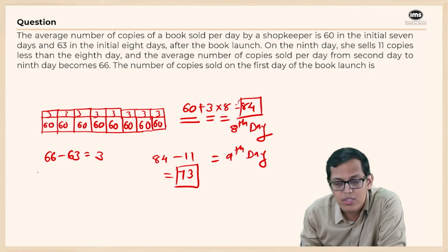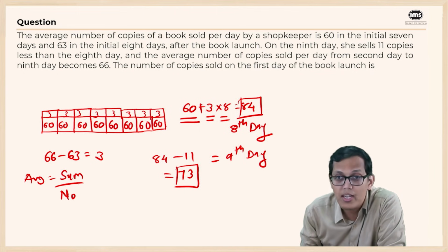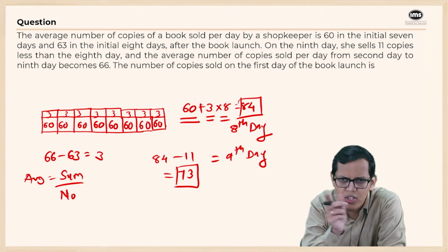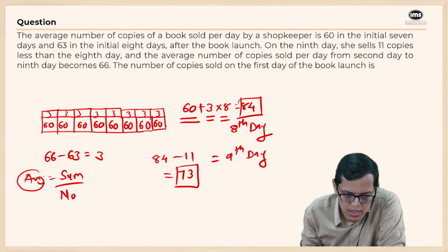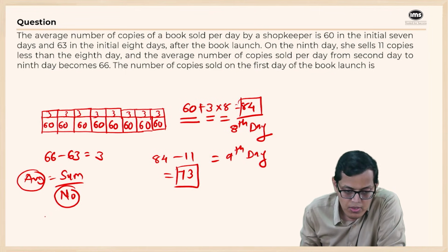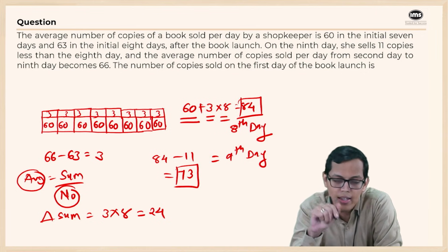And how do you find the average? Average is always summation divided by the number of numbers. We have 8 numbers in either the first 8 or the last 8. So if the average changed by 3 and the number of numbers was 8, then the change in summation is 3 into 8, 24. That's the difference between first and last.